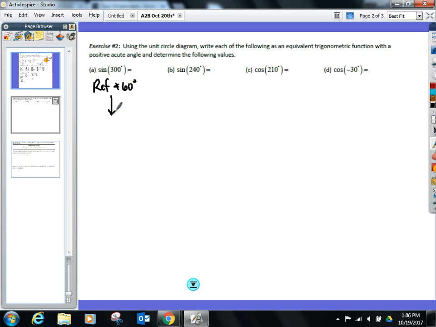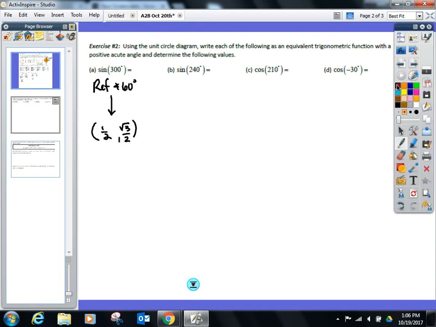And where does the unit circle intersect 60? We intersected 60 at 1/2, radical 3 over 2. Now, take a look. I am looking for the sine of 300.